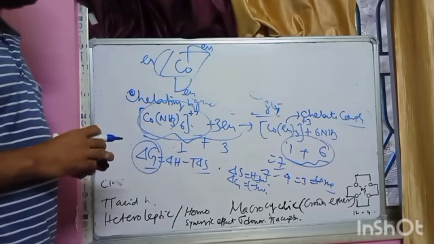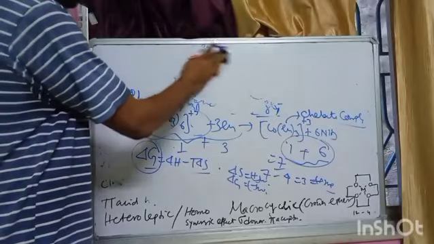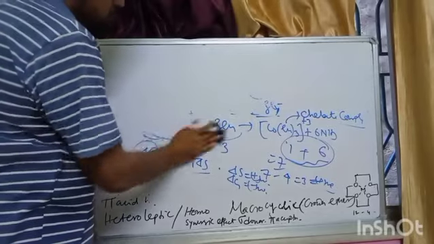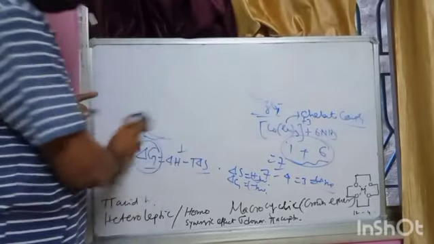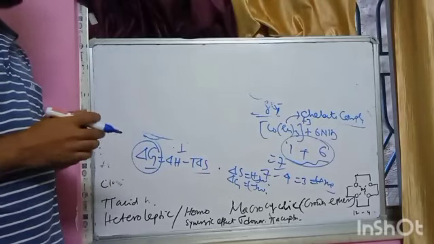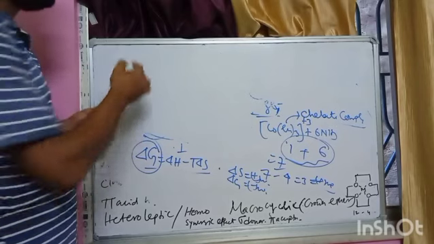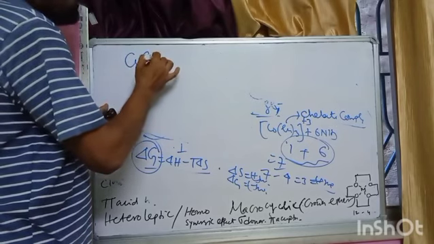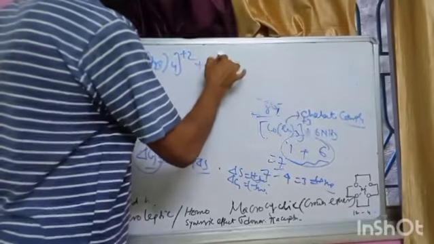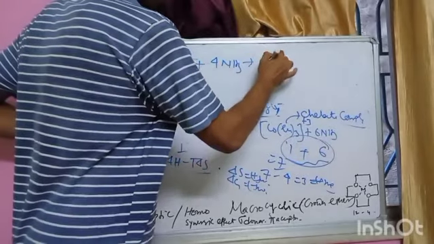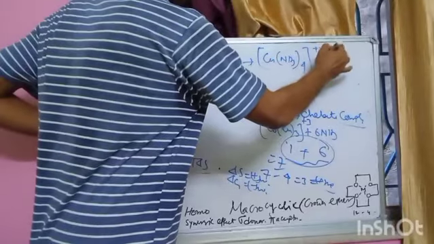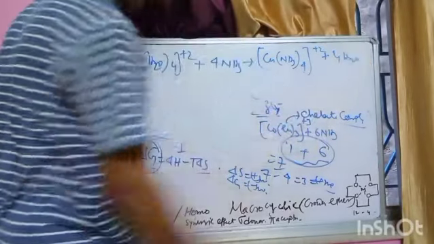There is also another type, the labile complex. A labile complex is a complex where the ligand is easily replaced by another type of ligand. An example of a labile complex is Cu(H2O)4 2 plus, which when reacted with 4 ammonia forms Cu(NH3)4 2 plus plus 4 H2O.